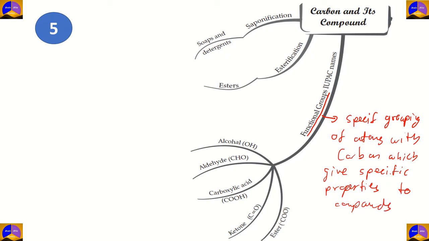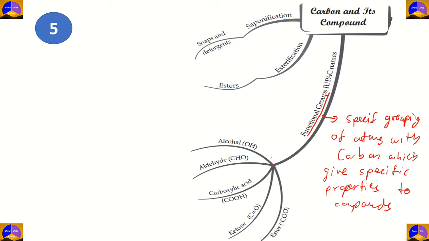So when you bond carbon with something other than hydrogen, then it usually forms a functional group, and in this functional group there will be specific properties related to that functional group which is applicable to the entire compound. So functional groups are pretty important because they make sure that you form different classes of compounds.